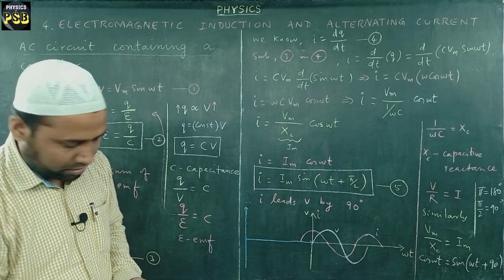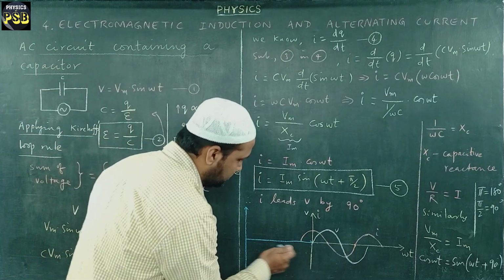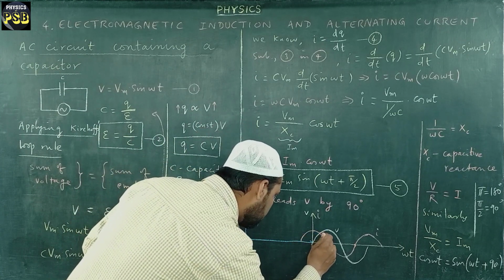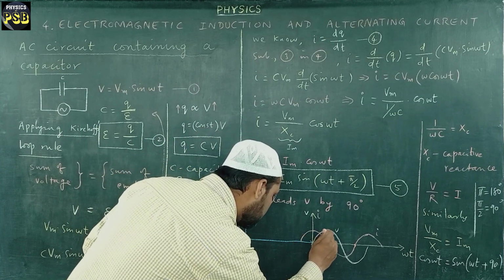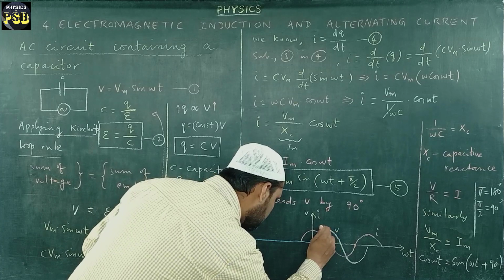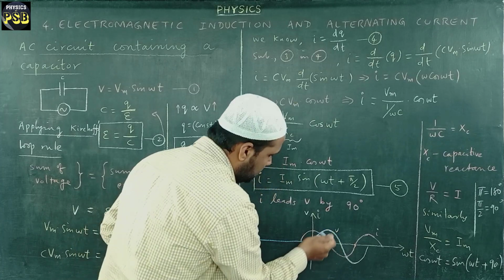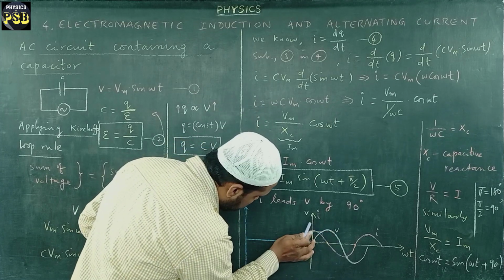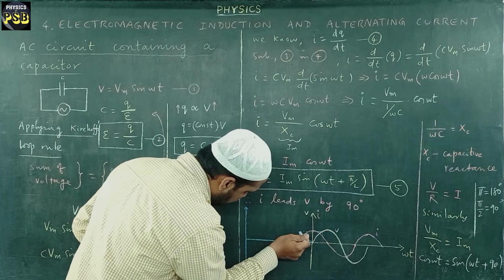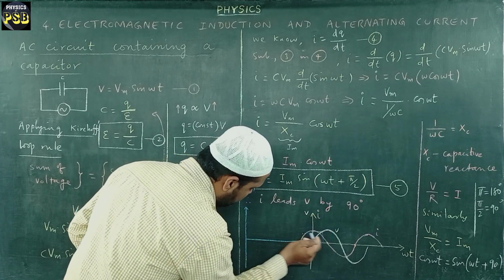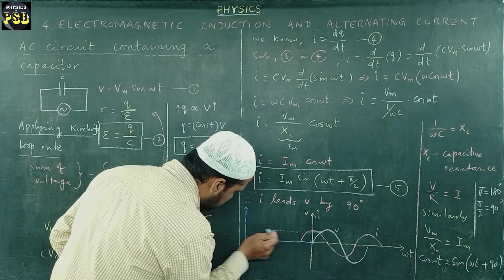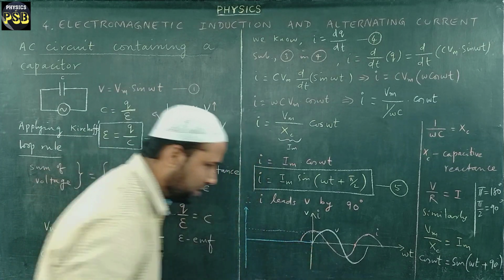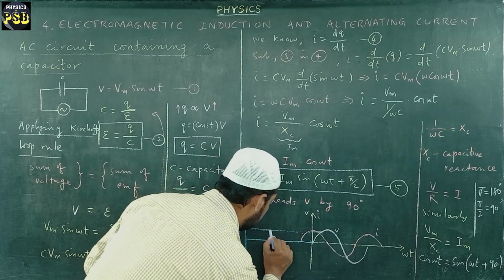Just draw a line here, then its projection. Its projection will give me the phasor and it's going to provide me a phasor diagram. Clear? This is the projection.